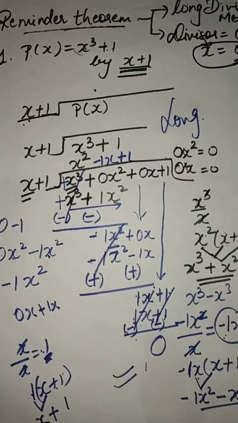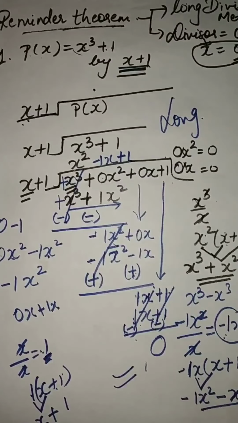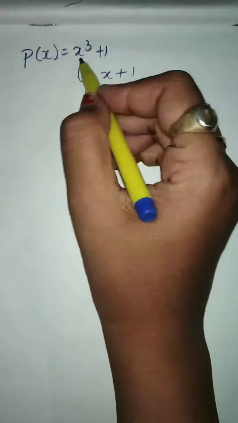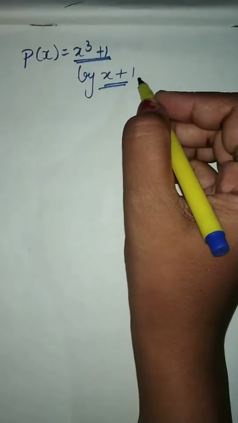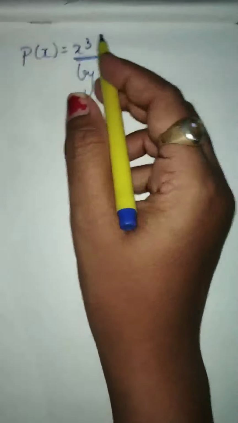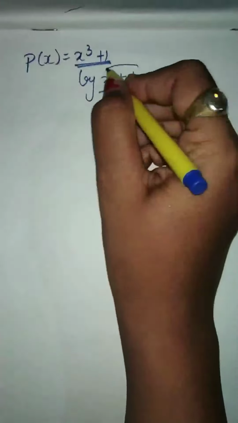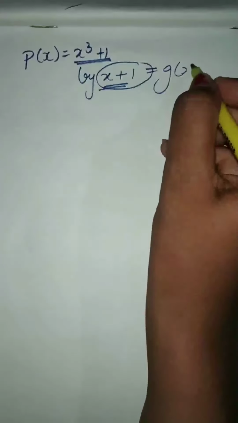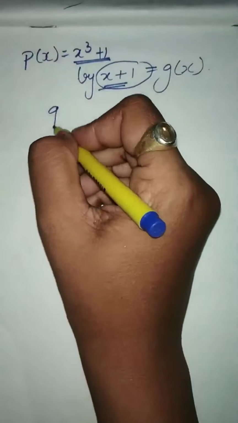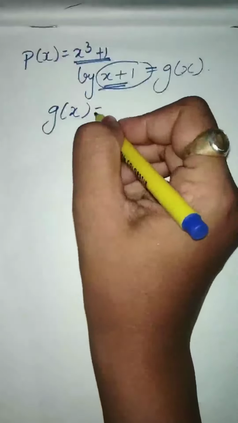Our question was given with the polynomial as this one and another with this one, right? Now how do we do the second method? Put this divisor, this g of x, we call this g of x. We have learned this thing, right? So write g of x equal to 0. The value of g of x over here is x plus 1.